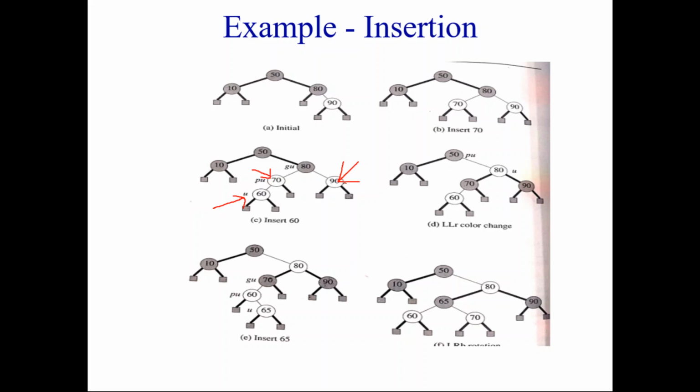The parent sibling color is red. If it is red, you cannot change the color of the new node. You have to change the color of the parent and the sibling, so these two will become black. And you also have to make the grandparent red, but you can make the grandparent red only if it is not a root node.